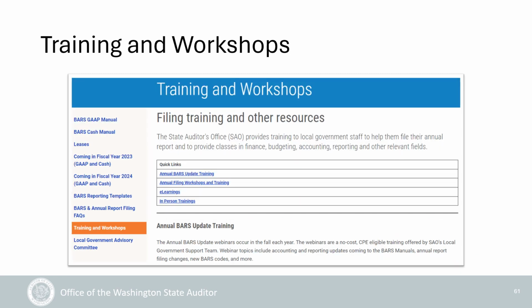That menu takes you to our training page. Here you can find any upcoming trainings and our recorded training. Every year we put together an annual BARS update training where we go over changes from the prior year to the current year. We record and post them here so you can access it as many times as you need.